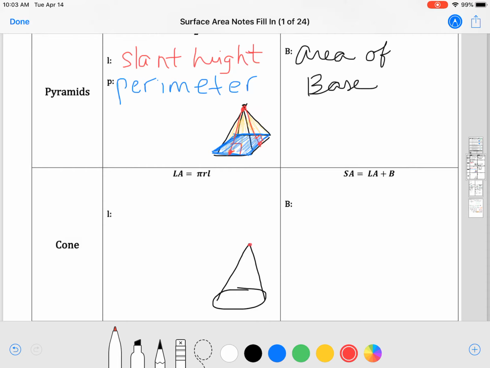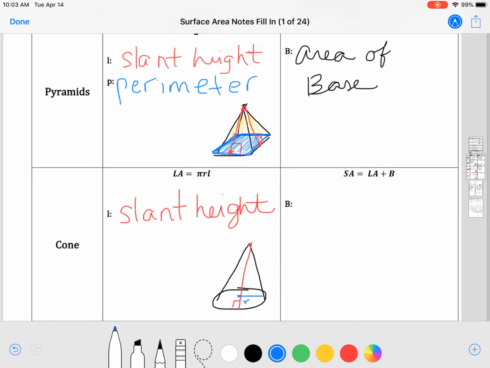So my L is from that vertex down, that perpendicular line. So again, this is my slant height. I don't want my actual H, which is that inside, right? I don't want the actual H. I just want that slant height. And then, as you kind of talked about before, that R is just your radius, right? And that's the radius of my cone.